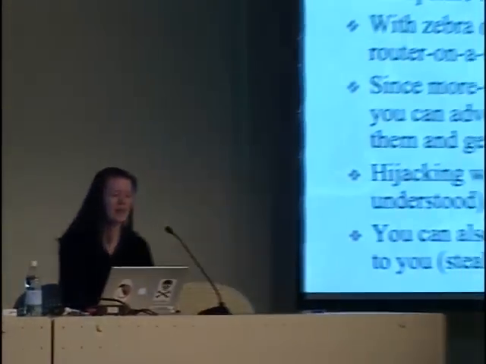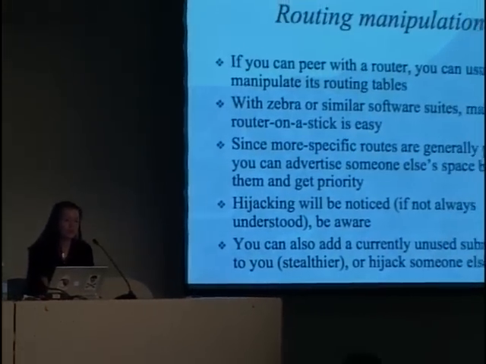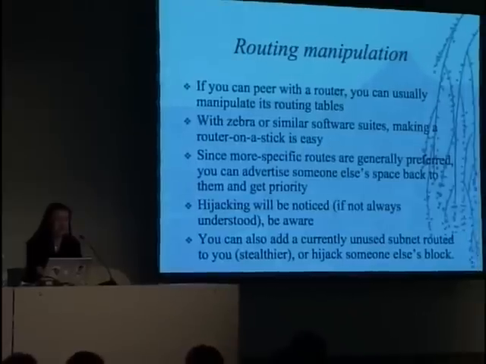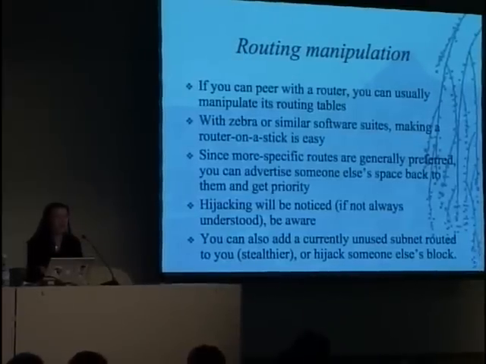So, routing manipulation. Here's the fun stuff. So if you can peer with a router, you can usually manipulate the routing tables. Now, it is possible for admins to set routing policy and say, I'm only going to accept these routes from this guy, and I'm only going to accept these other routes from this person, and I'll announce my routes to Joe over here, but I'm not going to listen to anything he has to say.